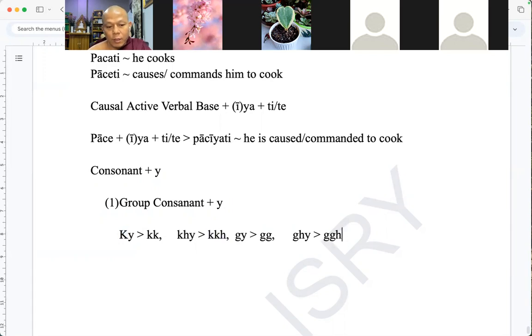In the same way, now the second group: ja, cha, ja, jha, and nya. When we see ja ya, commonly it becomes ja ja. When we see cha ya, it becomes ja cha.